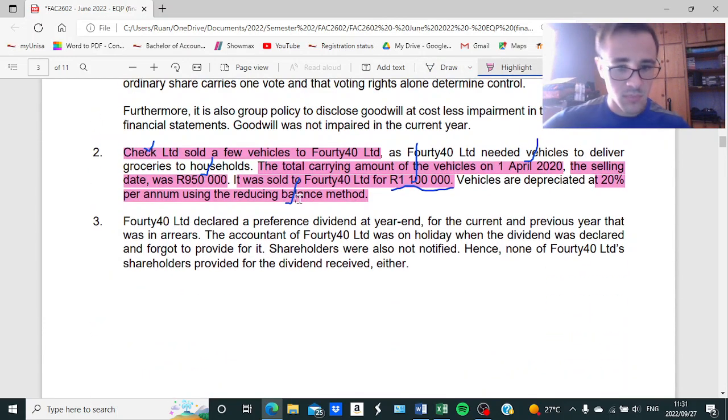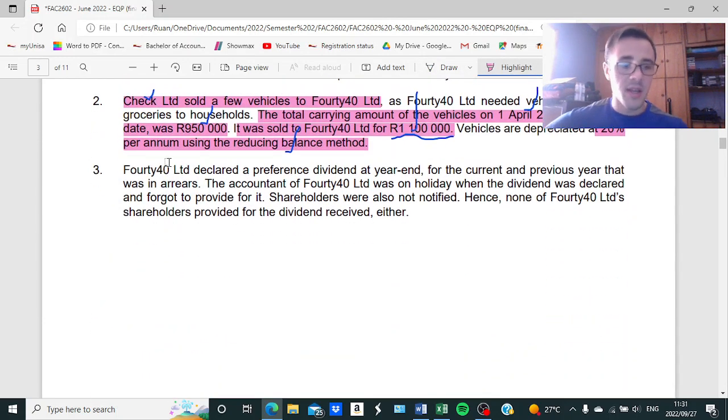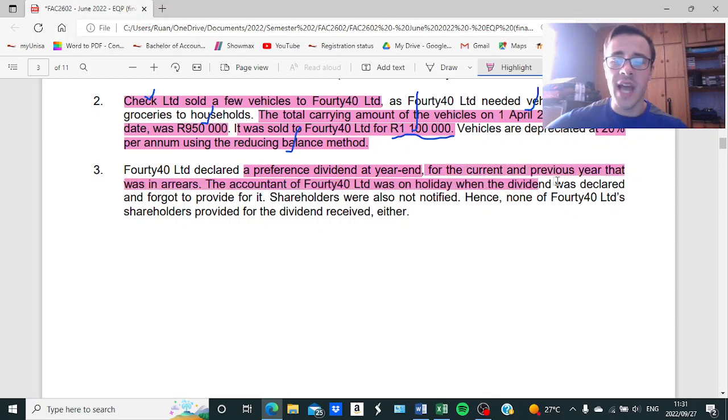Let's look at point 3. 4040 Limited declared a preference dividend at year end, for the current and the previous year that was in arrears. So we have to include the previous year's preference dividends as well, because it was not declared in that period.